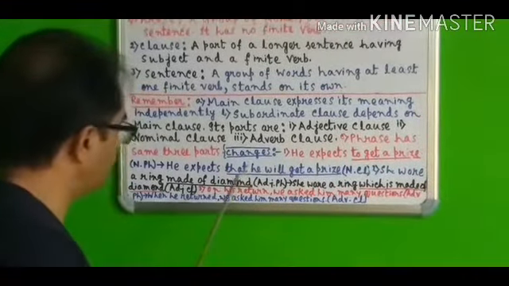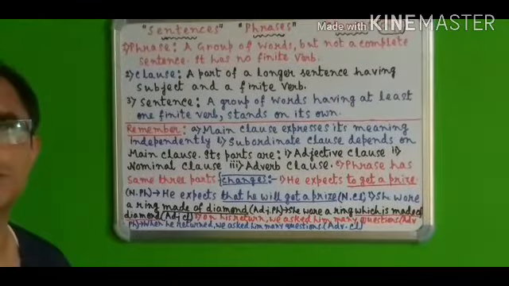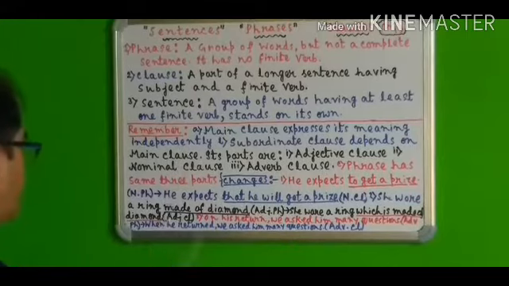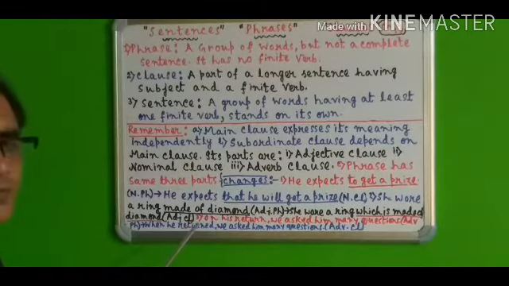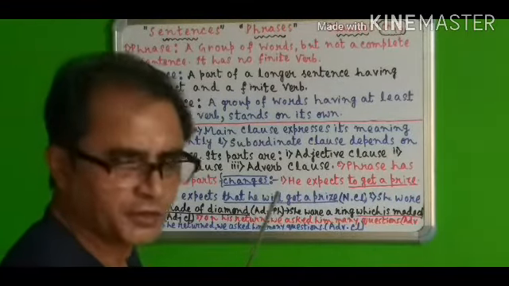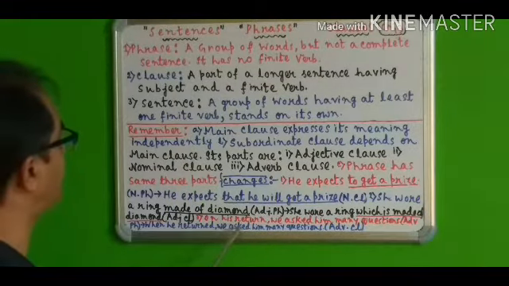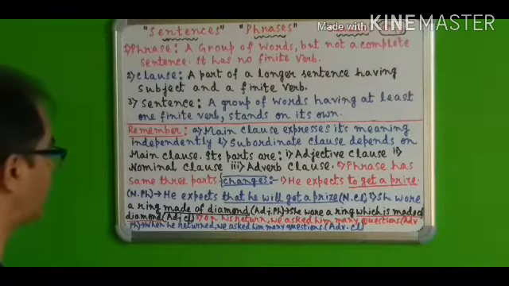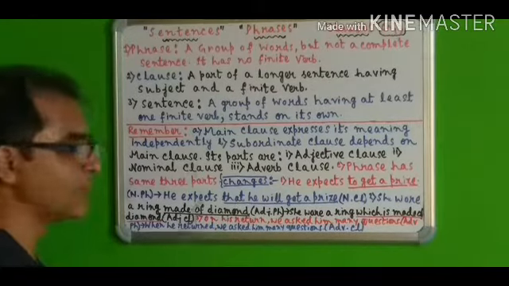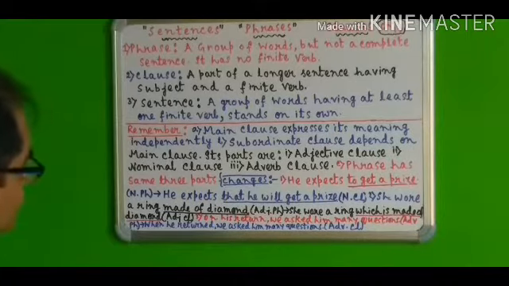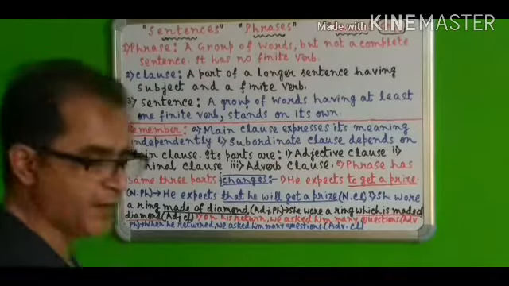When he returned, we asked him many questions. When he returned is a subordinate clause because it cannot express its meaning alone. When he returned qualifies the verb asked. When he returned, what happened? We asked. Asked is a verb. This subordinate clause qualifies a verb. So this is an adverb clause, like an adverb, it is also qualifying a verb.